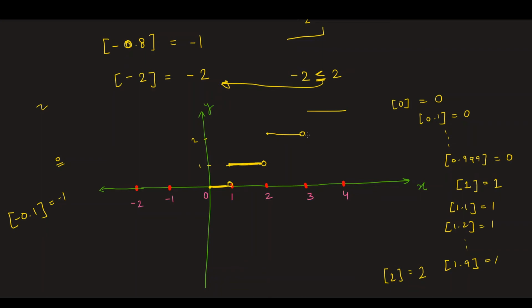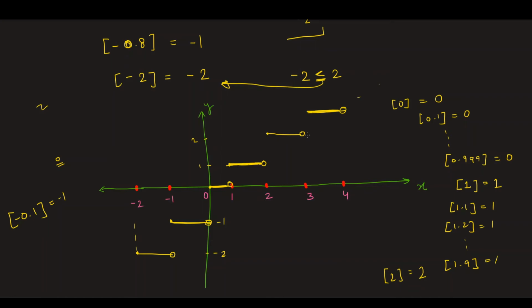So let's just say this thing and draw it this way. And for the minus 2 case we have minus 2 and this thing. Okay, so this is the graph of the greatest integer function, and it will go on.